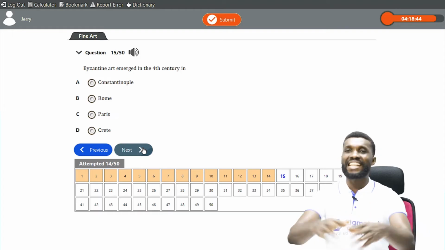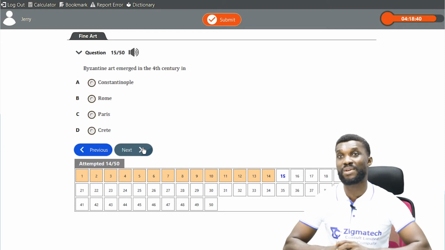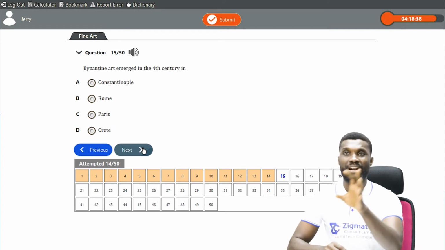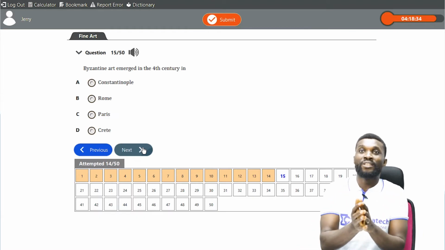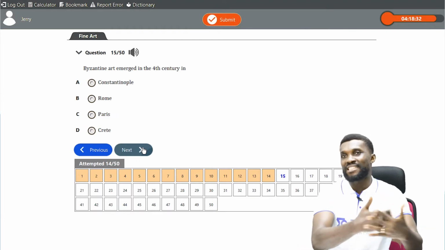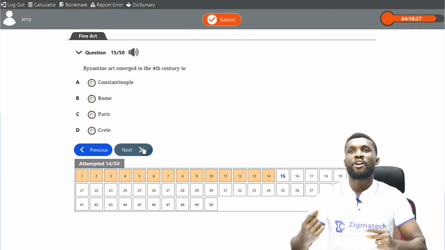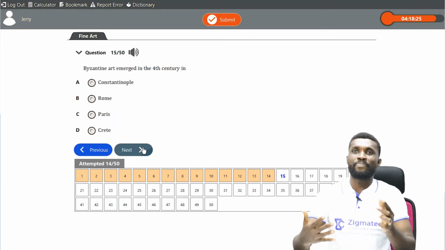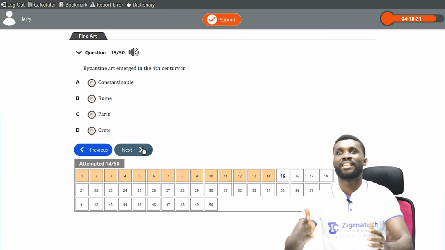Most of them ran into caves. They were living in caves. They were scared. That was where the word catacomb came from. Catacomb became a graveyard for the Christians that ran away during the Byzantine period into the caves. There came a point when the Christians were split into the Constantinople.